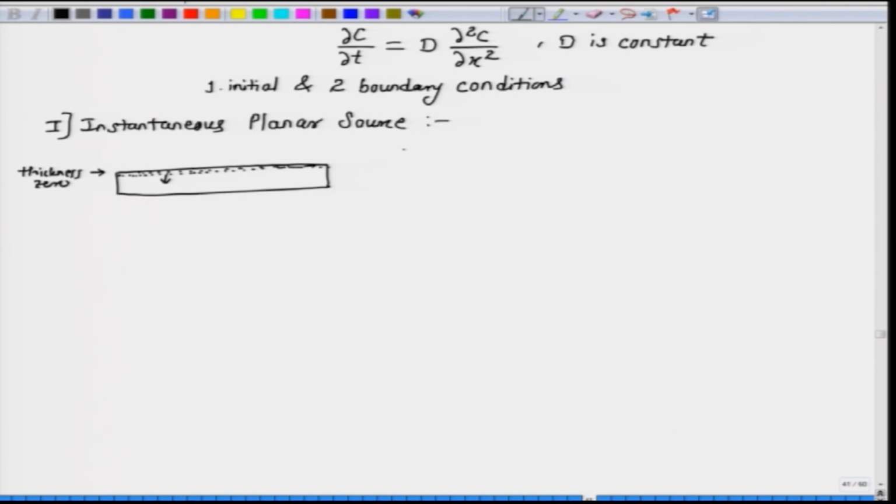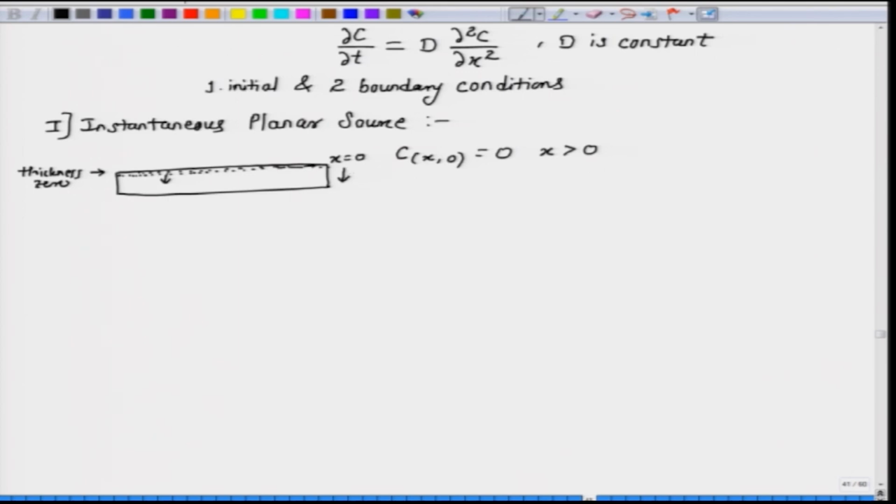Right. So, our initial condition becomes concentration at any x at t equal to 0 is 0 for all x greater than 0. In this case our x equal to 0 is on the surface and x is increasing with the depth, right, downwards.